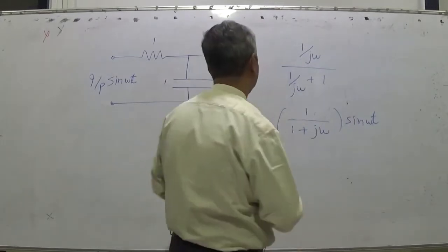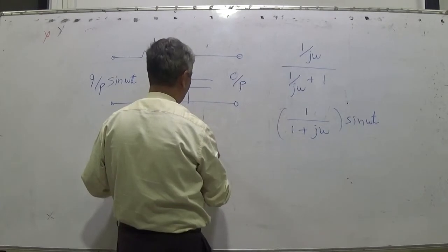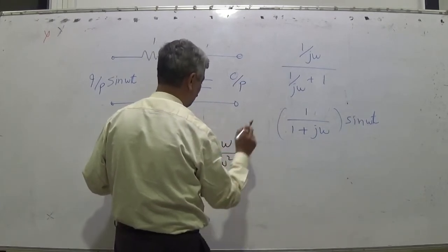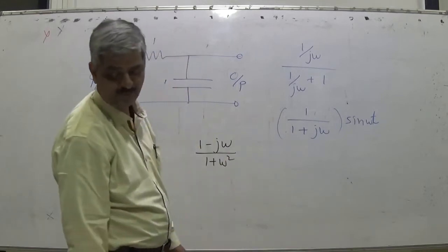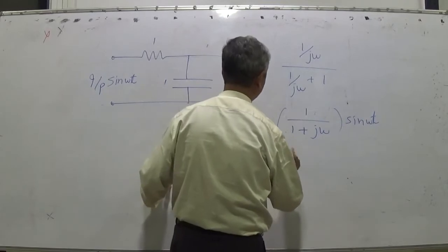This I can rationalize: (1 minus j omega) upon (1 plus omega square), into sine omega t.